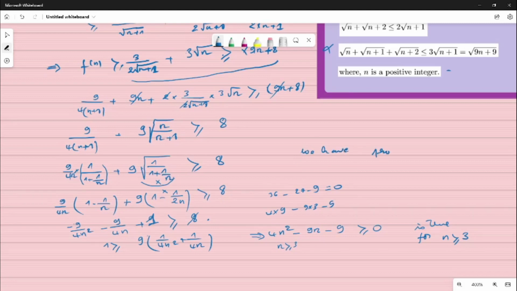Then we have proved the left hand side inequality of the theorem.